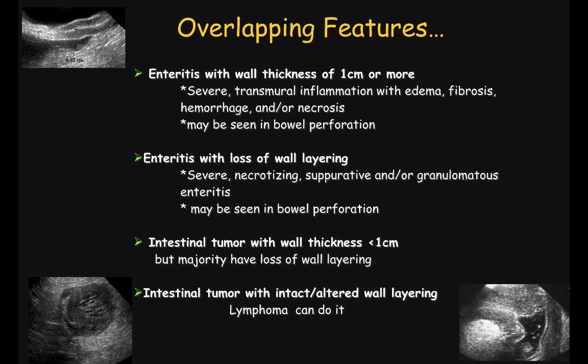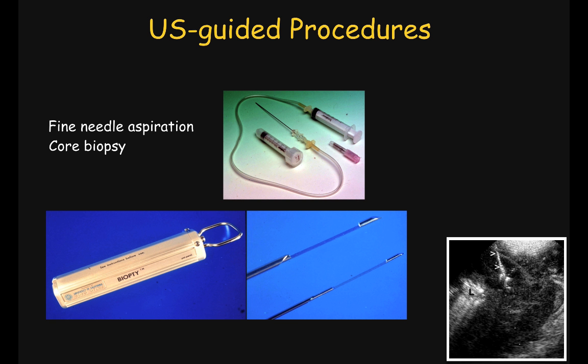It means that we have to be really careful as we are trying to label the diseases that we encounter on ultrasound, and it's therefore very important to recommend ultrasound guided procedures such as fine needle aspiration or core biopsy. Fine needle aspiration commonly will be performed using a 22 gauge fine needle, where the core biopsy will usually use an automated gun and take a sample using an 18 gauge needle.